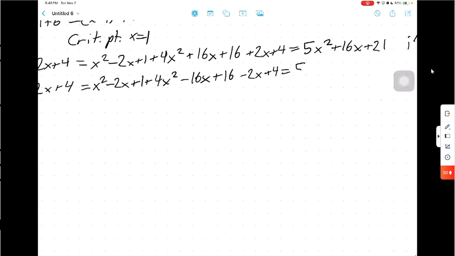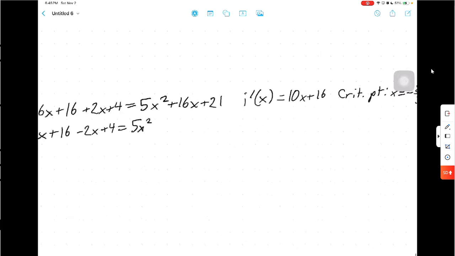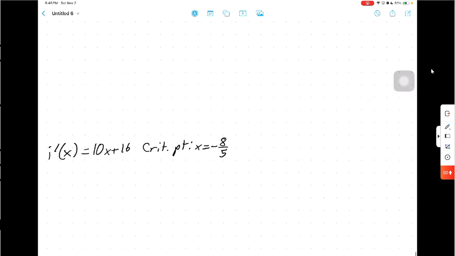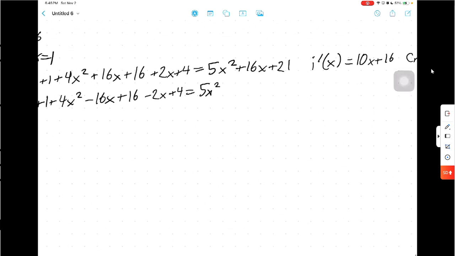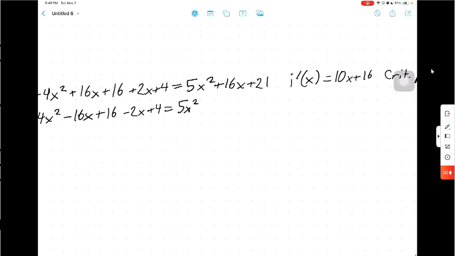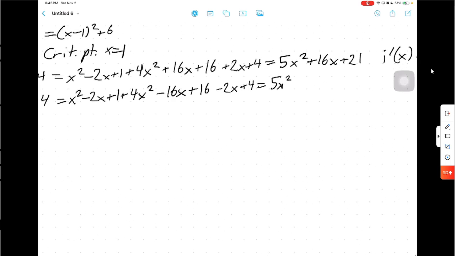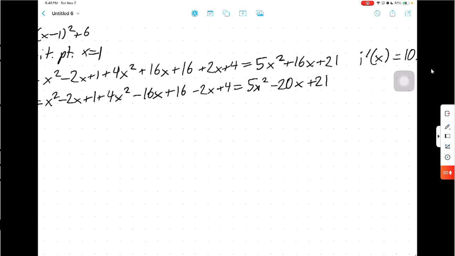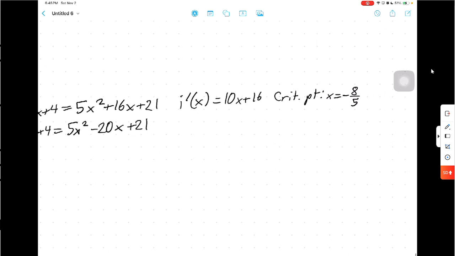This one is going to be 5x squared, though we can't have an x negative, so this is out of the table. Actually, we can. This is minus 20x plus 21, which is 5 times x squared minus 4x plus 4 plus 1.